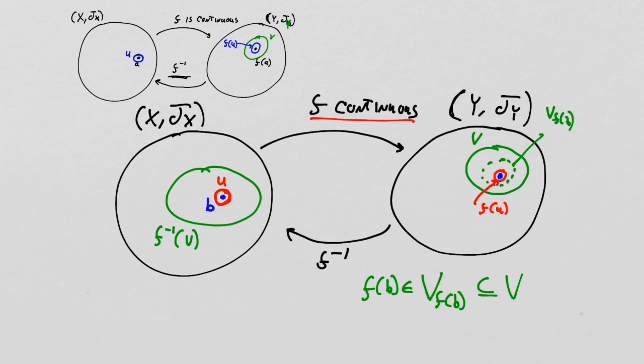So to show the other direction, Y is a topological space, right? So we imagine that we have some base for the topology of Y. We'll call that base B of Y. So B_Y is a subset of the topology of Y, but it's a base, so every element of the topology of Y can be constructed from this base.